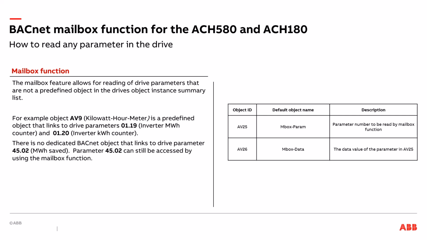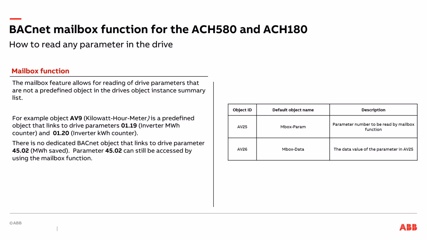For example, AV9 kilowatt hour meter is a predefined object that links to drive parameters 0119 and 0120 for the accumulation of kilowatt hours. Now, there is no BACnet object that links, for example, to parameter 4502 in the drive, which is the saved megawatt hours.